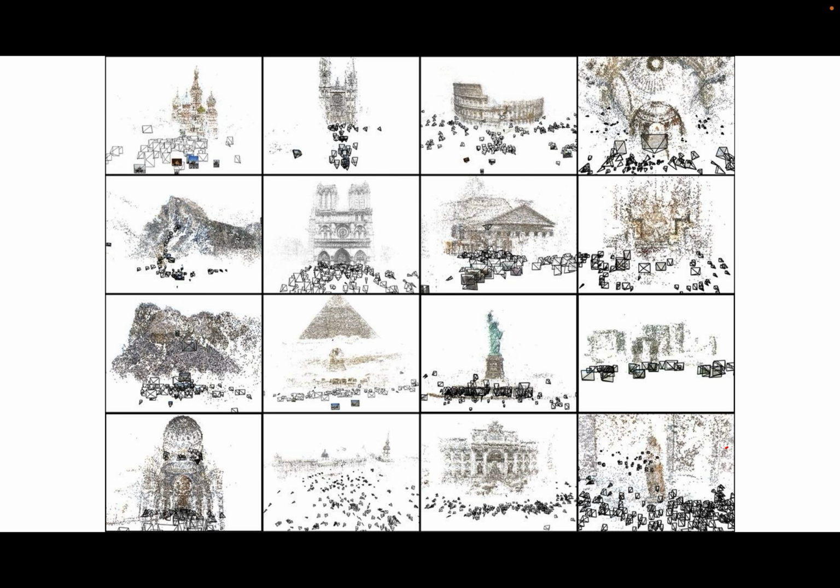And in the visualization here, these are just visualized cameras. The camera is moving in this direction, seeing this direction. So these black things are all cameras, and these points are from structure from motion.